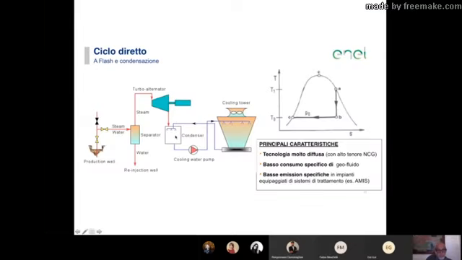Second problem that you have is that in your cooling tower, most of the cooling is done by evaporation of the geothermal fluid into the air that comes out to the cooling tower. And in the summer, at Italian latitudes, summers are relatively warm and hot.